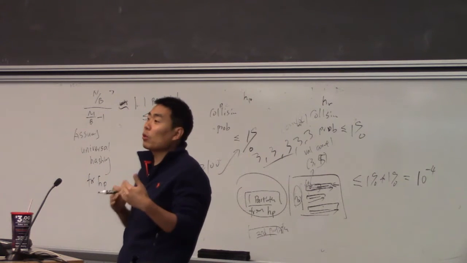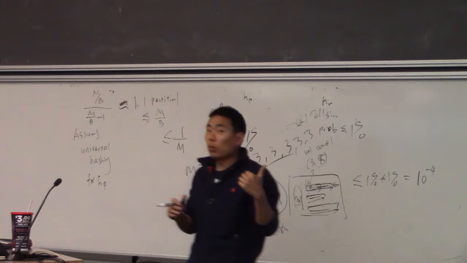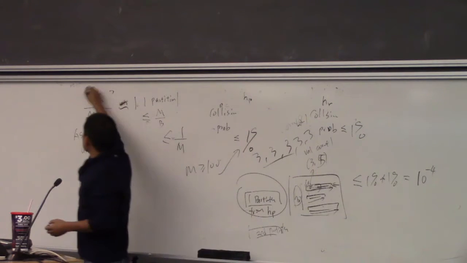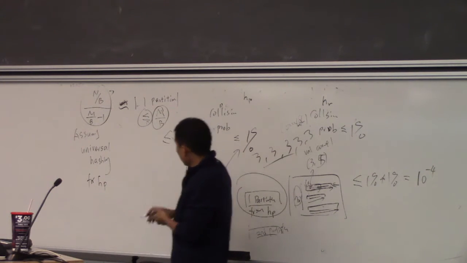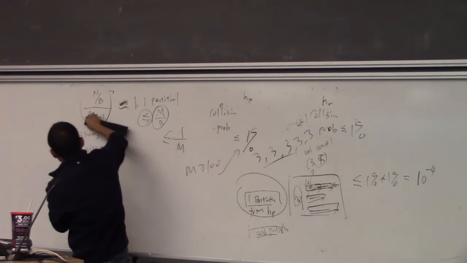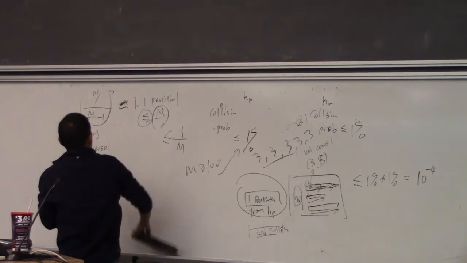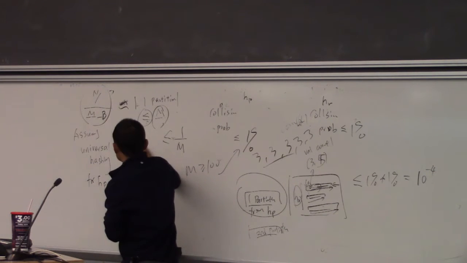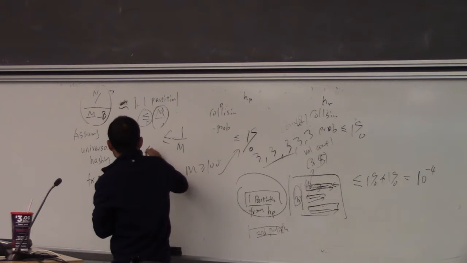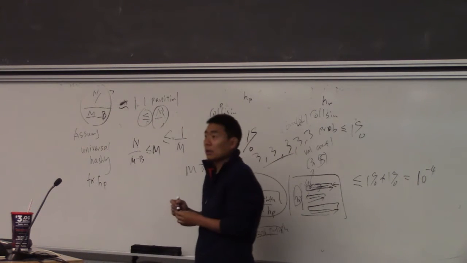So the implicit requirement for this algorithm to work is this. You get rid of the B factor, so it's N, is that right?